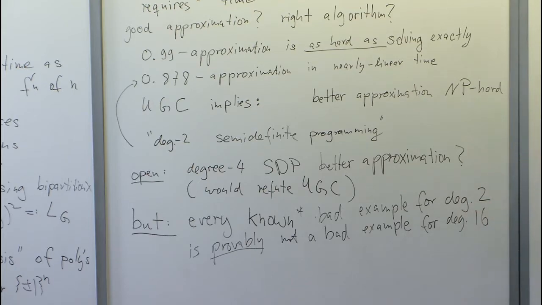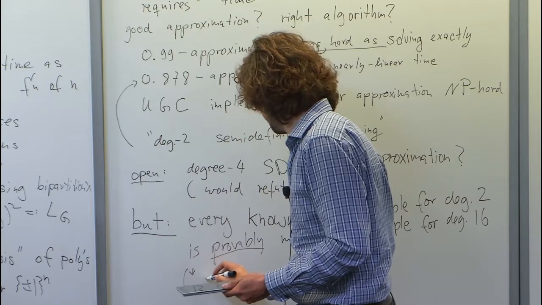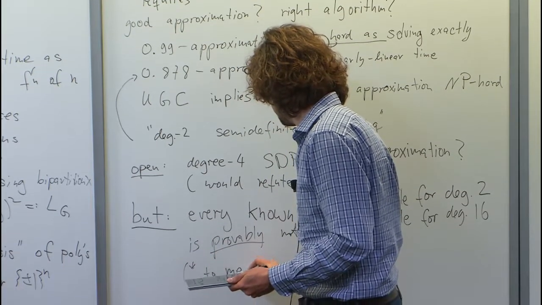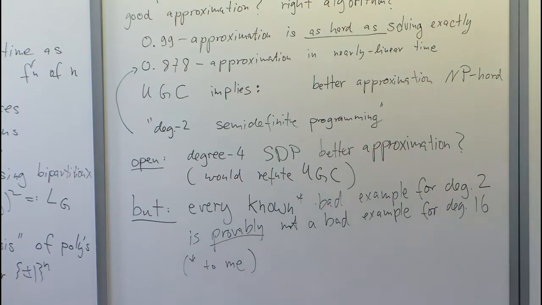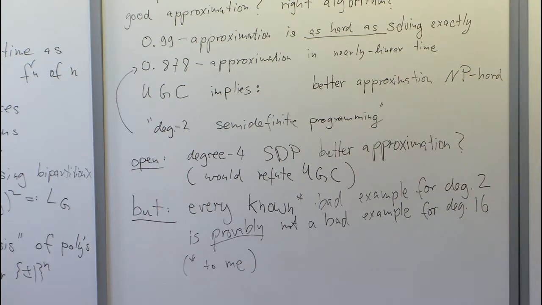And 16 is a somewhat arbitrary number. So for every particular construction of graphs where the guarantee for degree 2 is tight, you can actually show that degree 16 is much better.